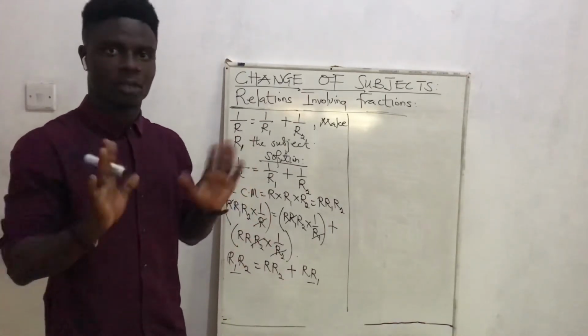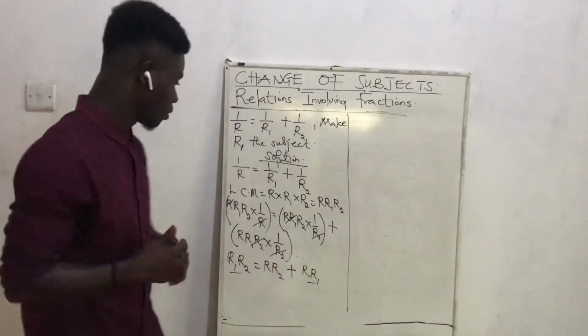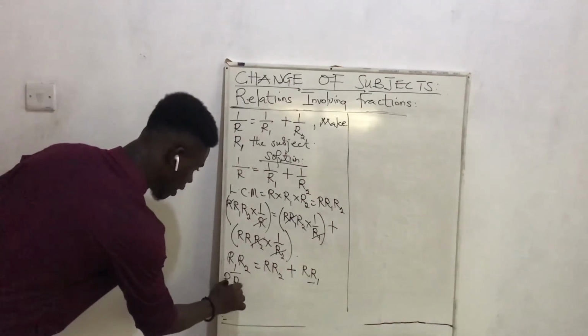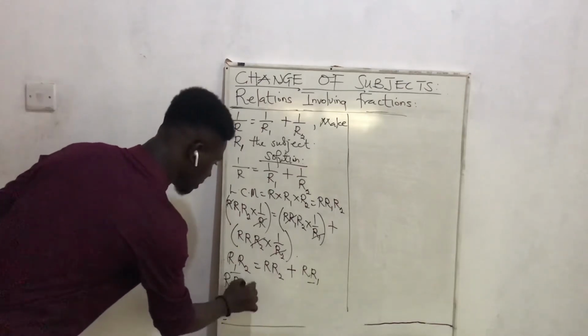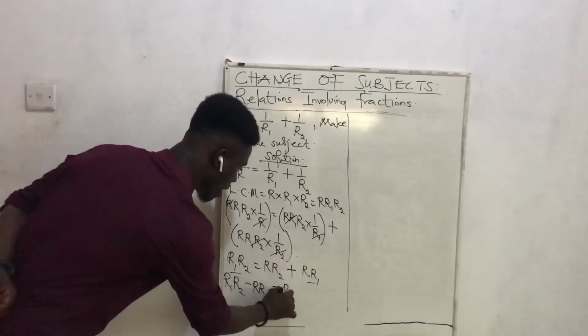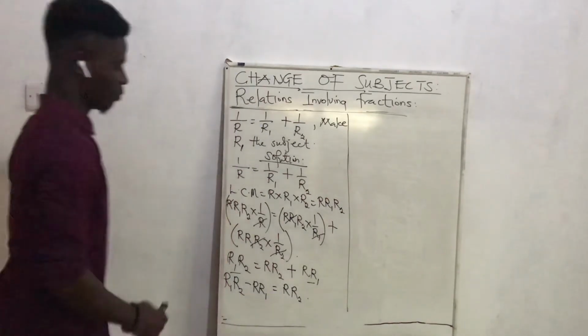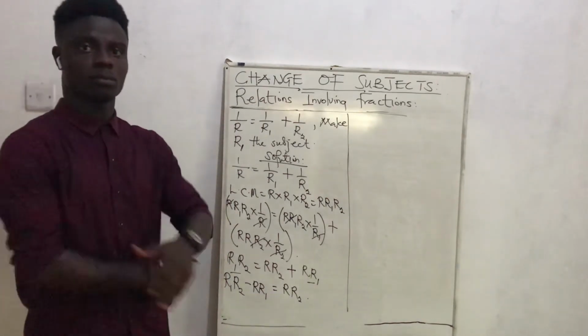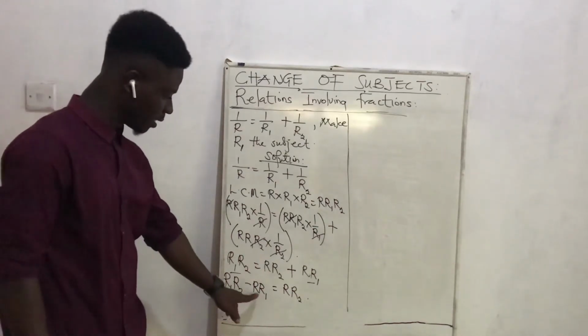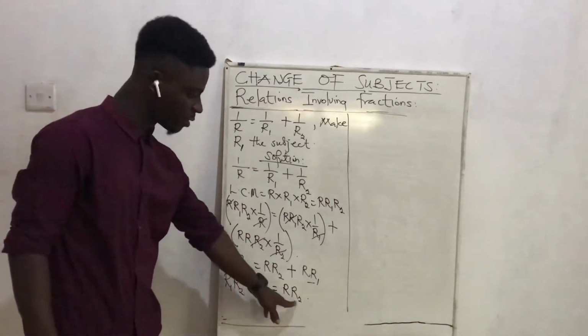It doesn't worry at all. So I'll group them. I have R1 R2 minus R1, which is equal to R2. Very, very simple. R1 R2 minus R1 equals R2.